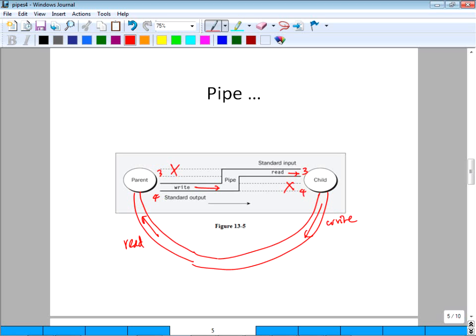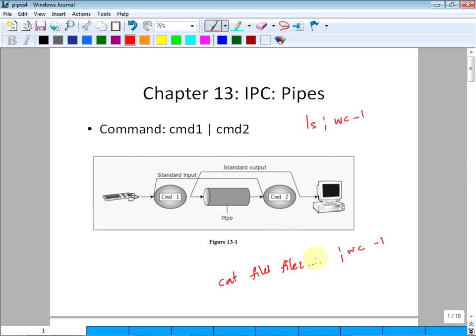That's it. So in this command, we want the pipe to look like the standard input. See, WC minus L, we want the pipe to look like a standard input. How to make a pipe look like a standard input is the next question.